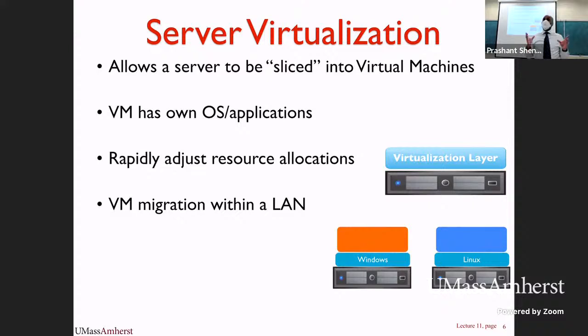If an application needs only a subset of the resources on the machine, you construct a virtual machine. You allocate a subset of the server resources, put the application in that VM, and then the rest of your server resources can be allocated to other VMs. So essentially, you're slicing your physical server into virtual servers, and then allocating virtual servers to applications.